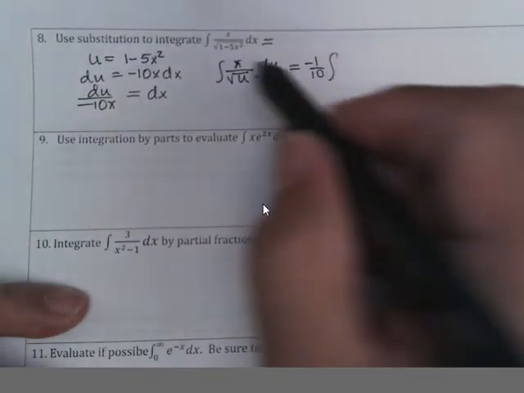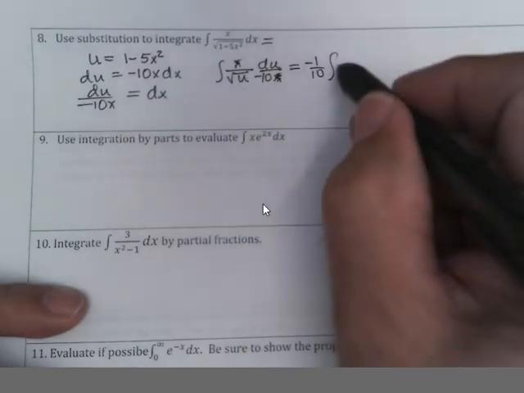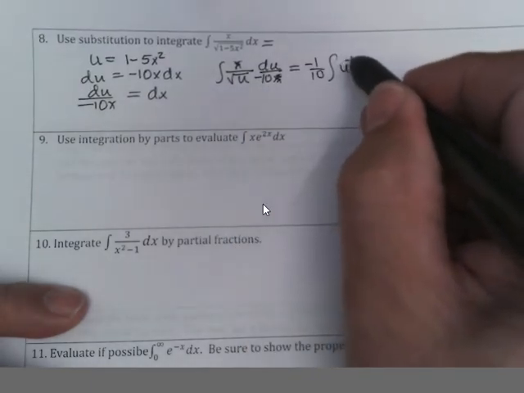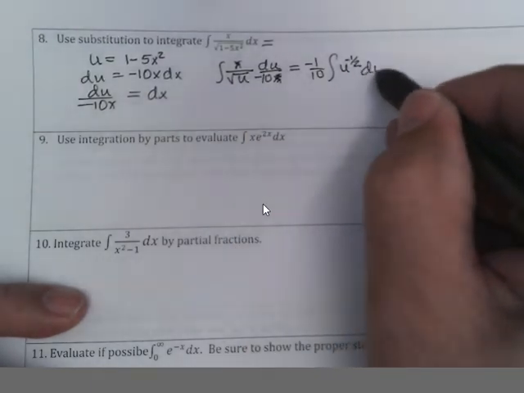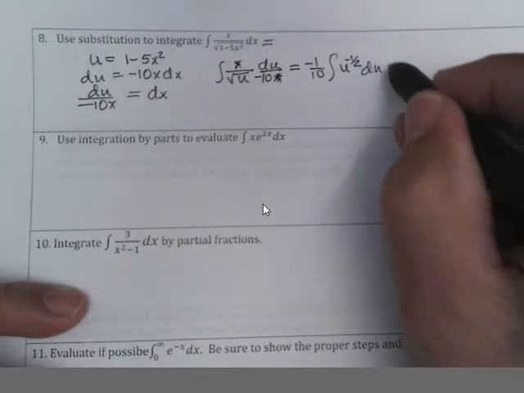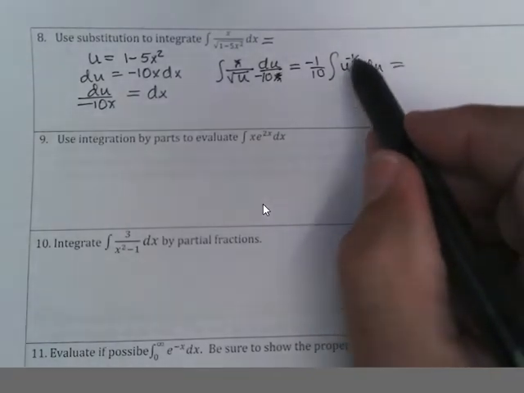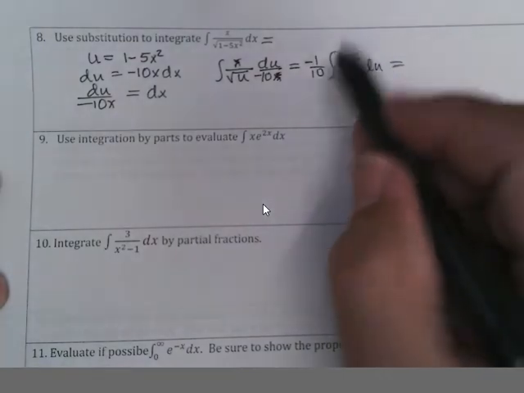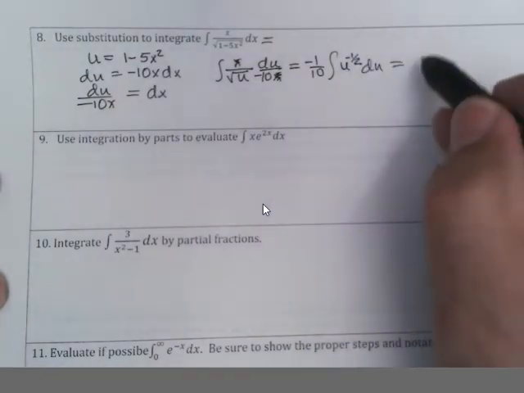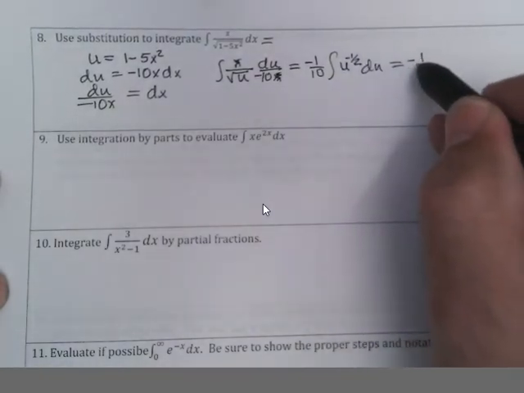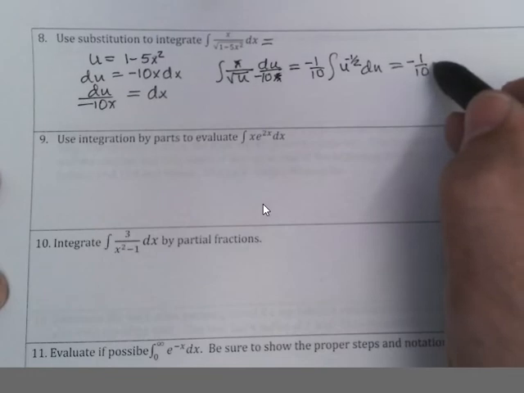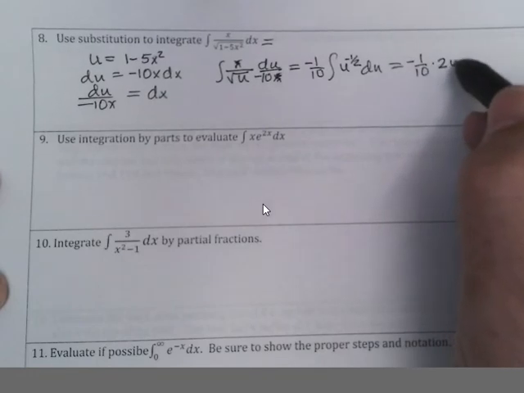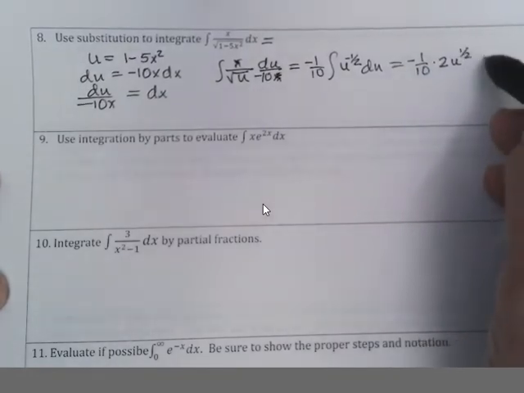The antiderivative, this is 1 over square root of u, that's u to the negative 1/2 du, which is, I add 1 and divide by, what do I get? If I add 1, I get a half. Divide by half is the same as multiply by 2, so I get minus 1/10 times 2u to the 1/2.